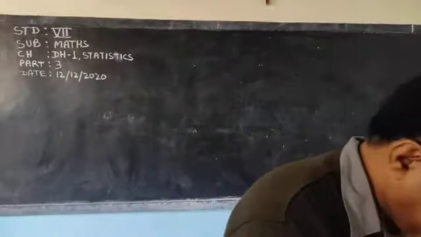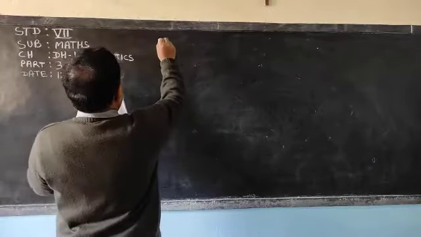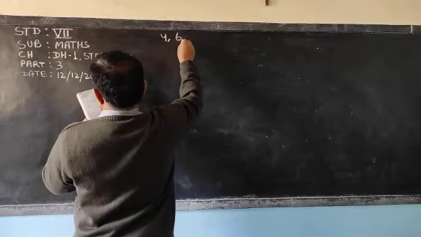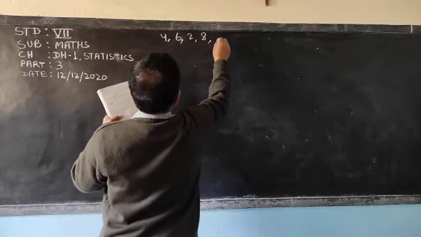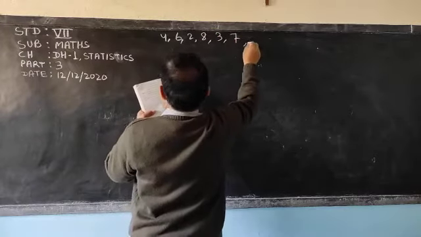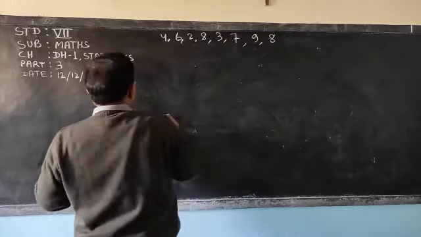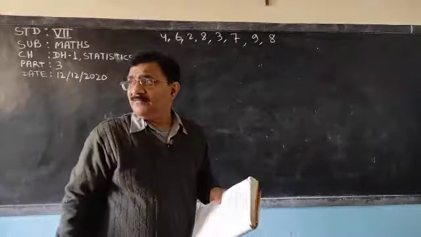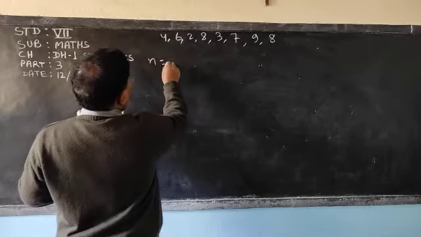Let us see one more example. Find the median of 4, 6, 2, 8, 3, 7, 9, 8. Here the total number n is equal to what? How many observations are there?